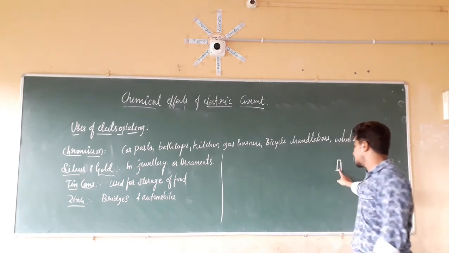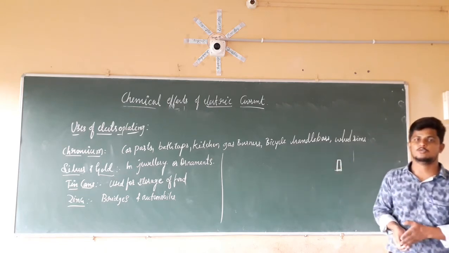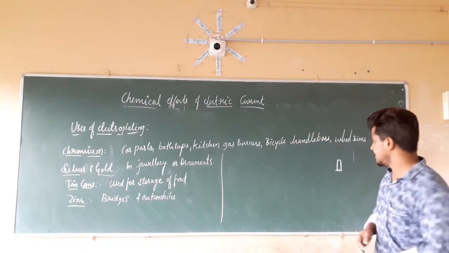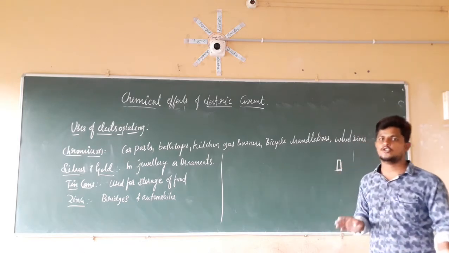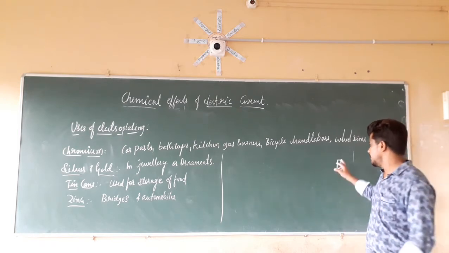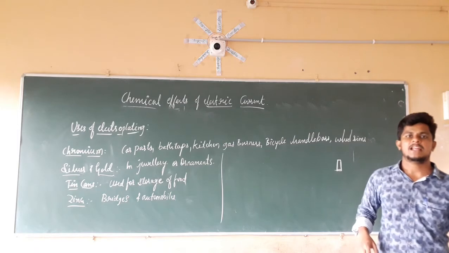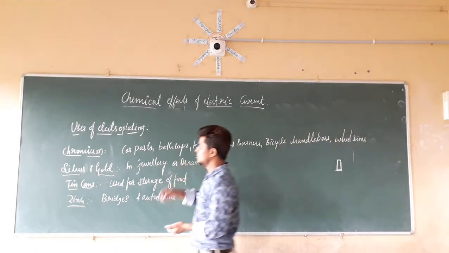If it is corroded, it becomes destroyed, and the equipment which is used is easily damaged. For that reason, the chromium plated on this iron helps the iron stay safe, so it is going to have a higher lifespan. Because of that, we are going to use chromium.